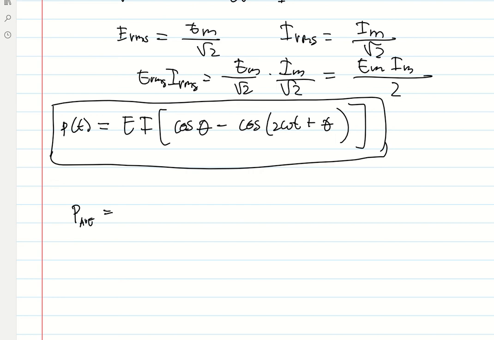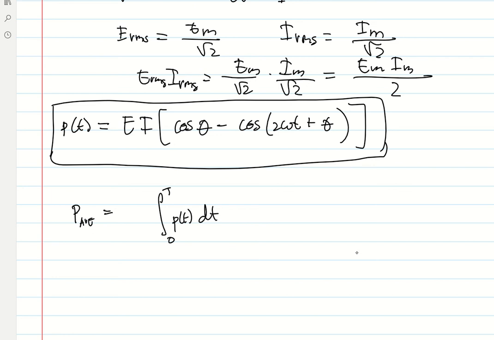So if you remember the mean average theorem, we just take the integral of that small p, the instantaneous power, which is a function of time, dt, and we integrate it from 0 to a certain time, which we call capital T, the period of the sinusoidal wave.